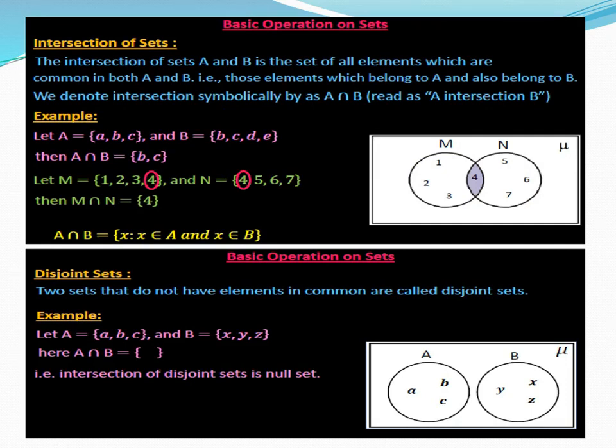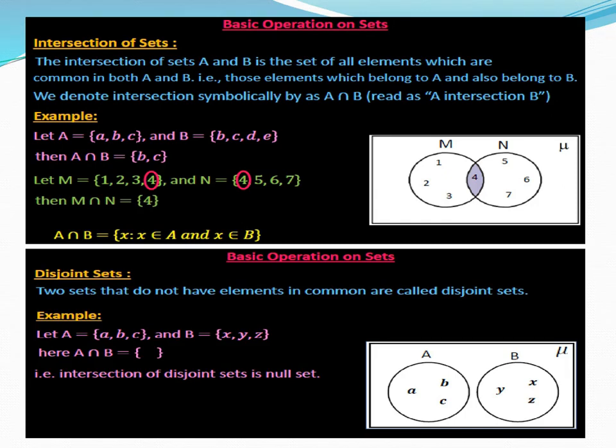Now we will learn disjoint sets. Two sets that do not have elements in common are called disjoint sets. Means if you take any two sets, the two sets do not have common elements. For example, let A equal the set of elements a, b, c and B the set containing elements x, y, z.